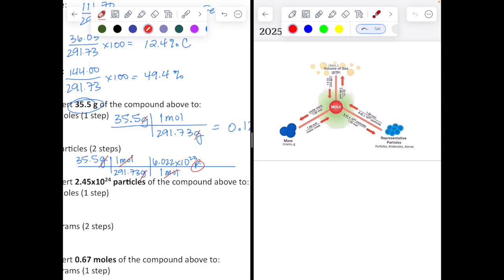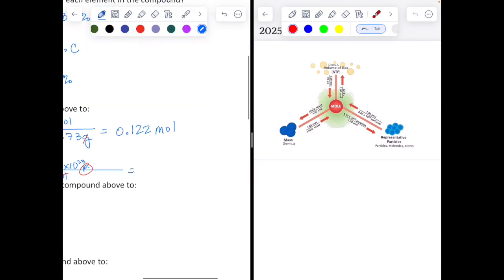So when you plug this in your calculator, you're going to make sure that you do 35.5 times Avogadro's number, and then divided by the molar mass. Or you can do this number divided by this number times this number. I got 7.33 times 10 to the 22nd particles.